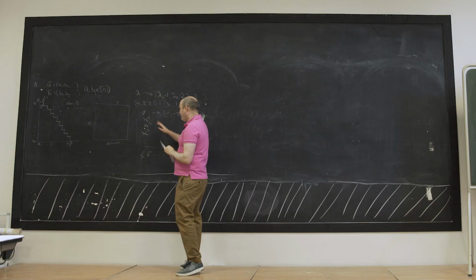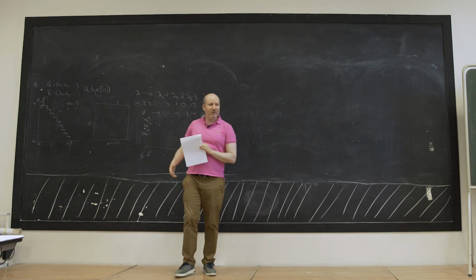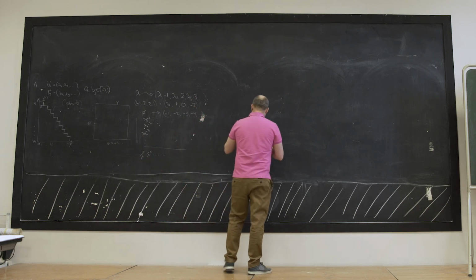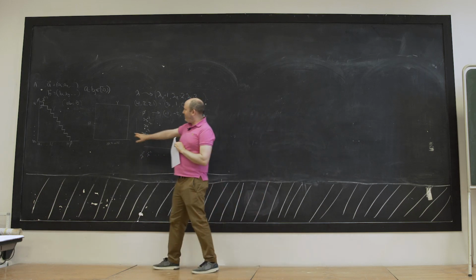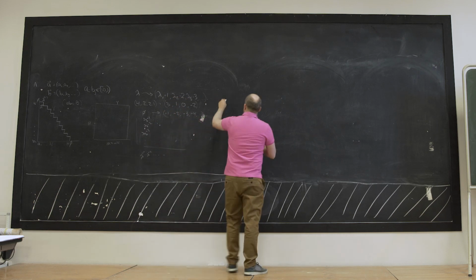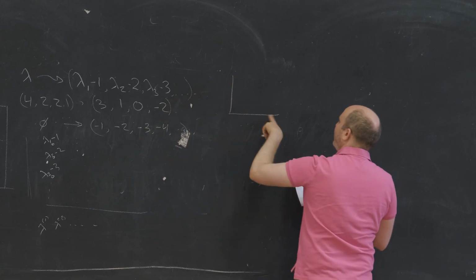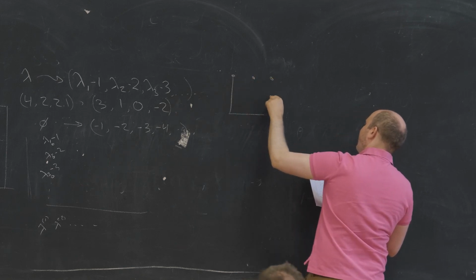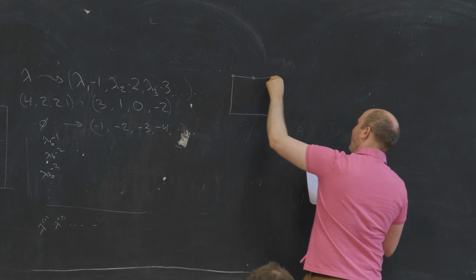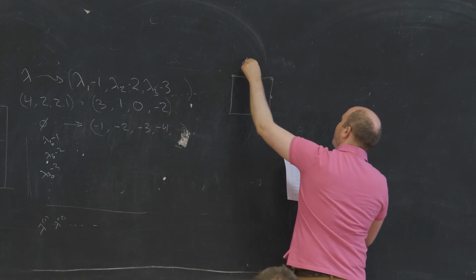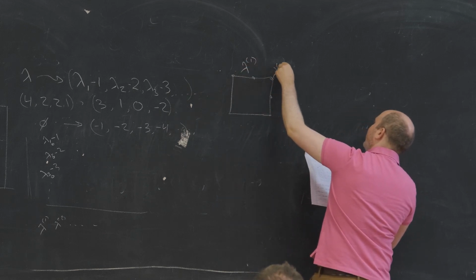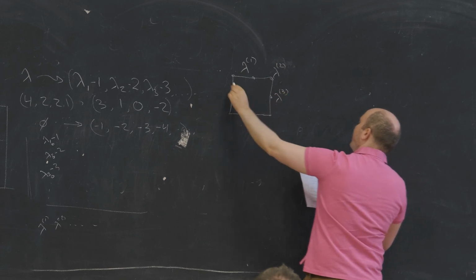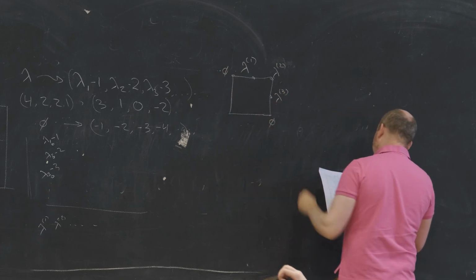Let me give you a worked out example, and I guess this is in maybe the second context. Let me consider the situation where my down-right path goes to the right by 2 and then down by 2. The path looks like this. I have my lambda 1, lambda 2, and lambda 3, and then of course I append these empty partitions.